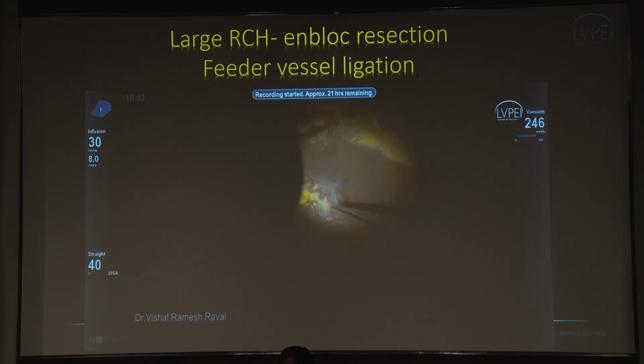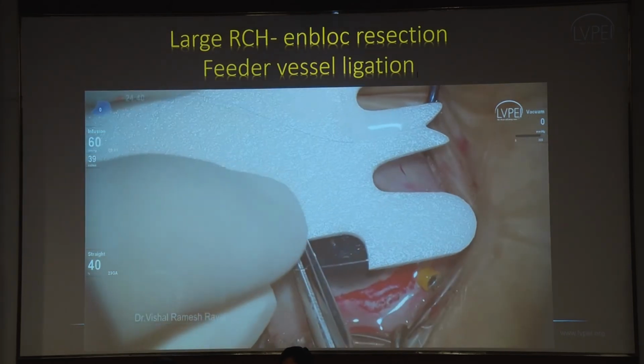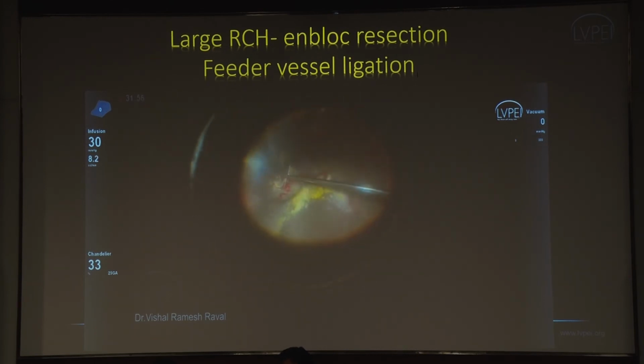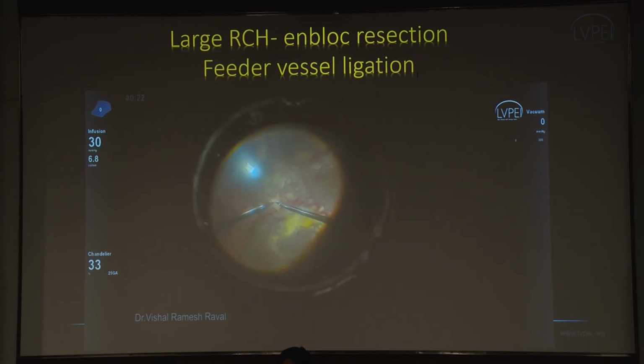So considering the patient's one-eyed status, I went ahead and did en-bloc resection of the tumor, where after the core vitrectomy, a feeder vessel ligation was done, particularly to block the feeder artery which was supplying the blood to the capillary hemangioma.